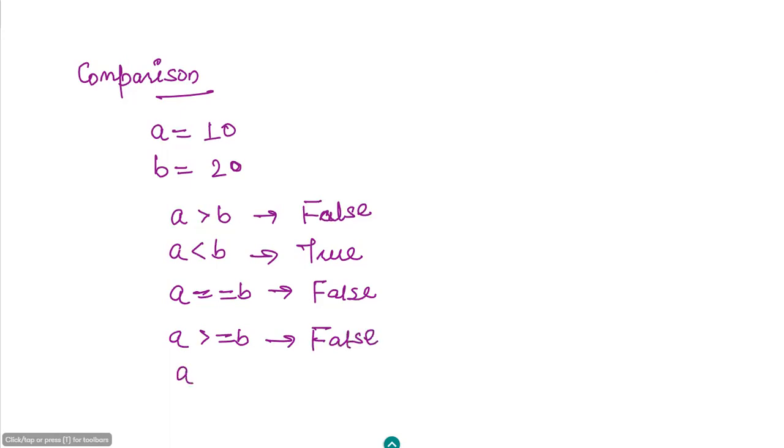Or A is less than or equal to B, then it will return true, because A is not equal to B but A is less than B. 10 is less than 20 but not equal to 20, so the expression will be true and it will return true.